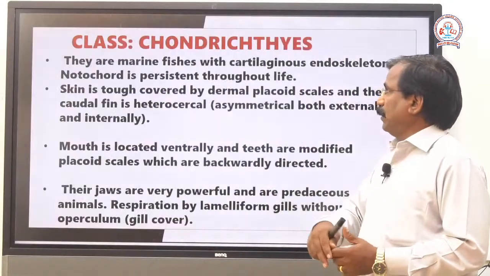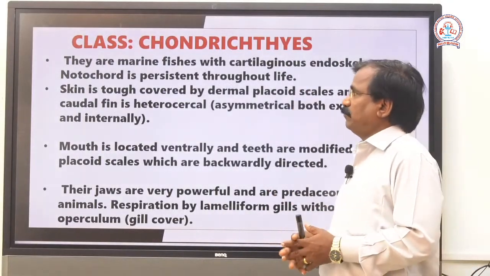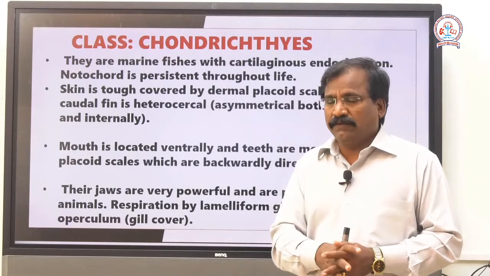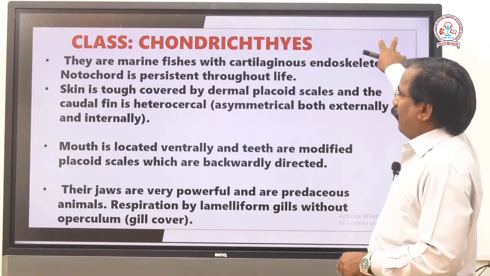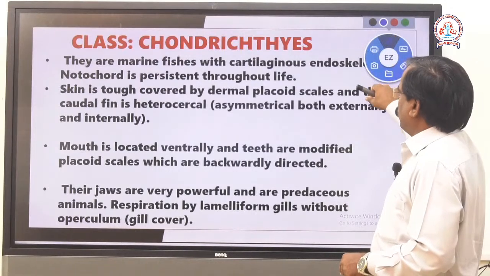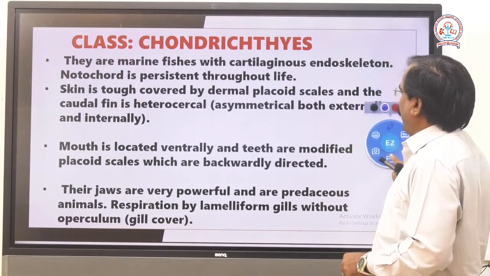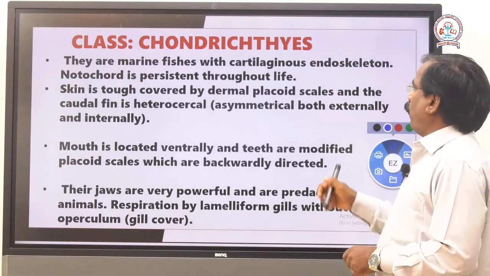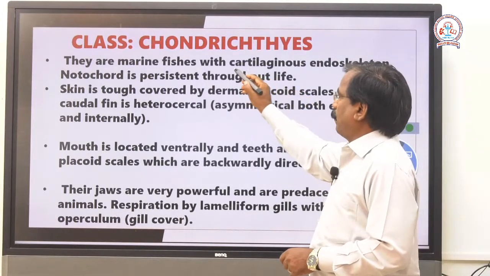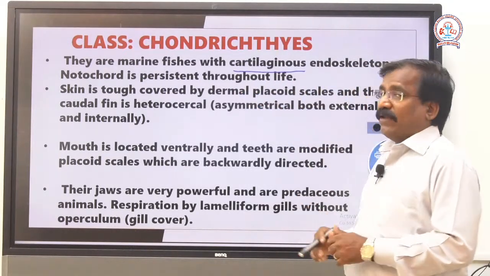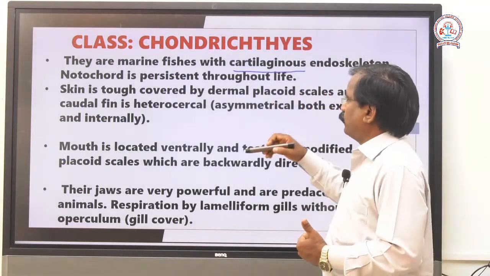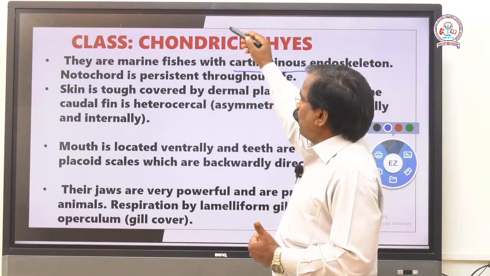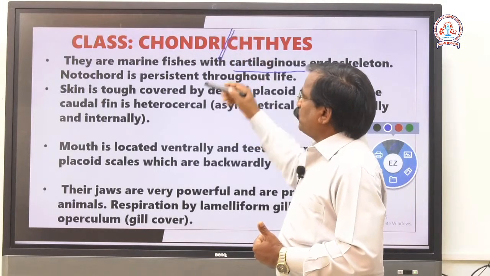The first is the Chondrichthyes. Chondrichthyes are all marine, with a cartilage endoskeleton. The skeleton is made up of cartilaginous bones. Chondrio denotes cartilaginous, and osteo means bone.